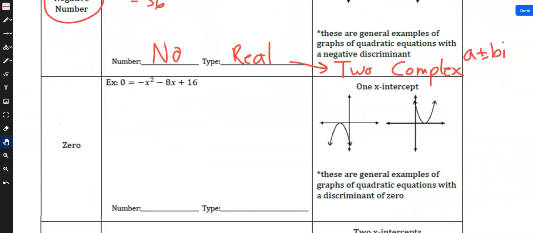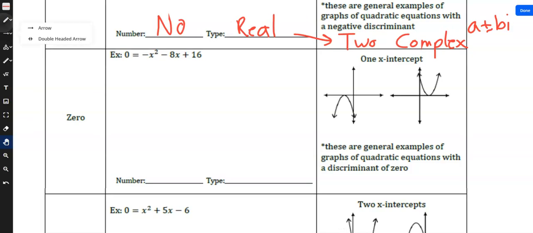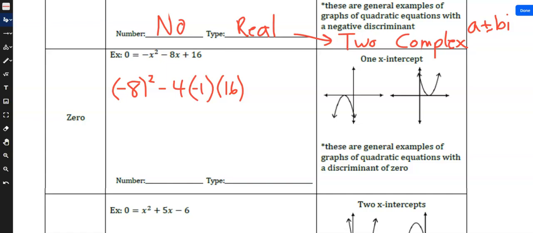Well, what if I end up with 0? So I've done my little b squared minus 4ac. Oops, that's a negative. Don't forget that. Muy importante.